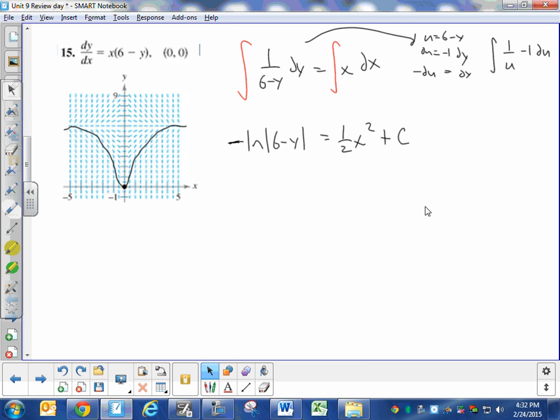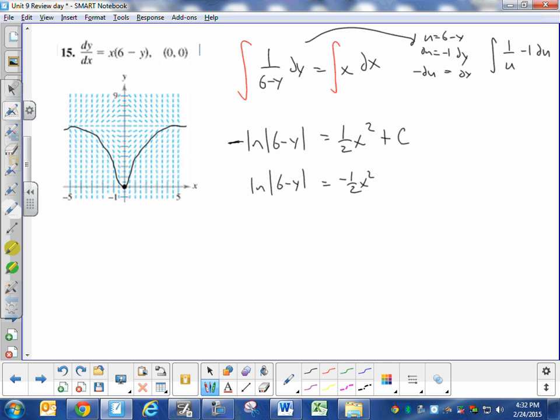So through the point 0, 0, I'll have negative log. You know, I'm going to solve for y first. Let's practice solving for y first. Multiply everything by negative 1. Take e to the power of both sides. I'm going to skip the steps this time.